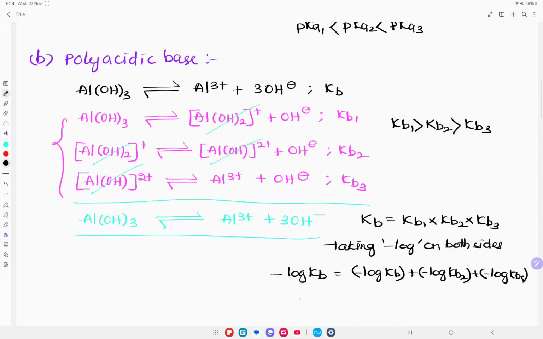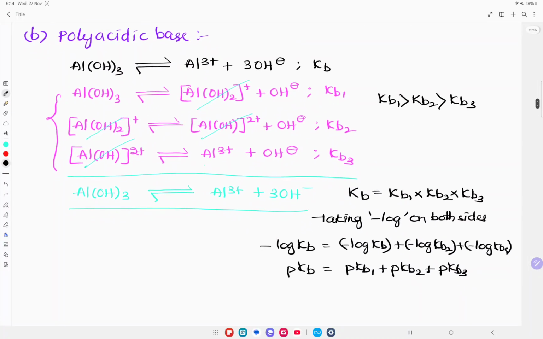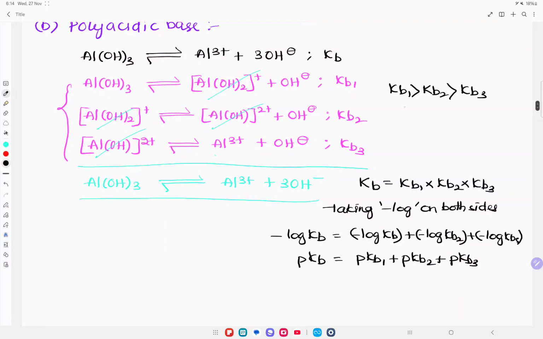So minus log Kb is equal to pKb, which is equal to pKb1 plus pKb2 plus pKb3. Since Kb1 is greater than Kb2, greater than Kb3, pKb1 is less than pKb2, less than pKb3.